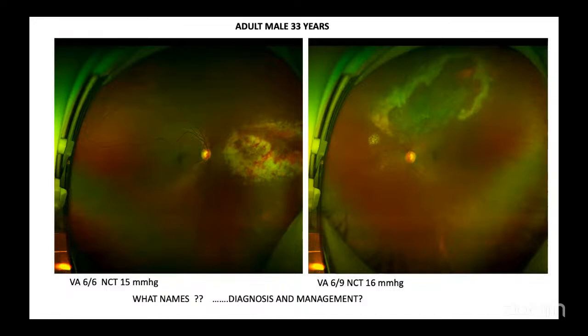Necrosis can cause whitening. Yes. What can cause necrosis? It can be a virus, like CMV retinitis. With this hemorrhage, this whitening will happen.